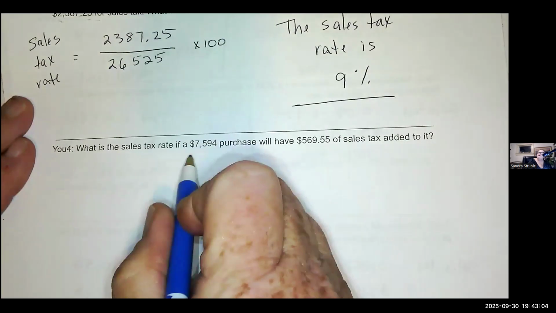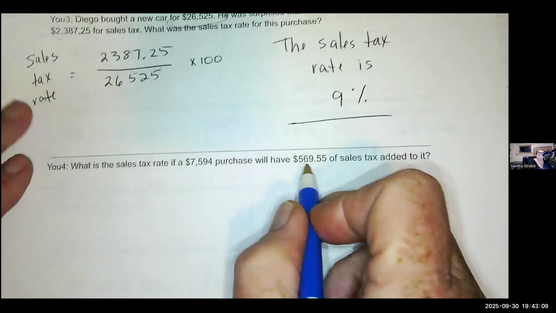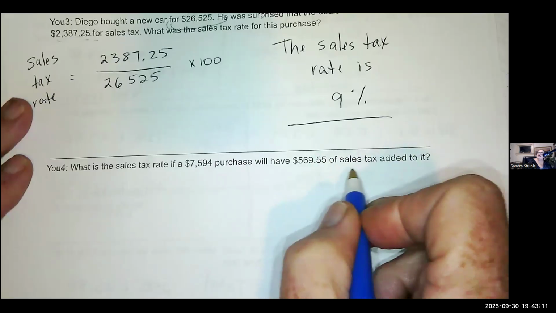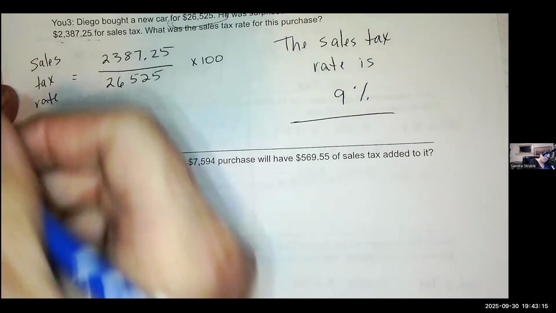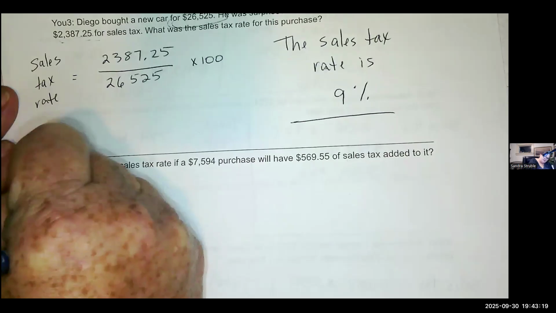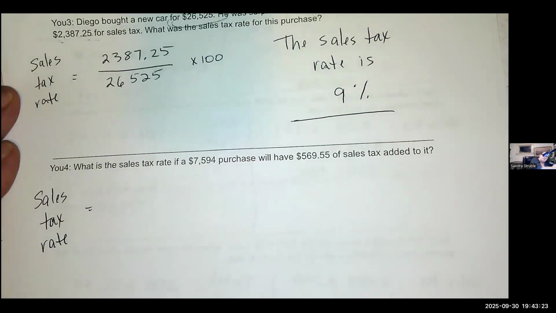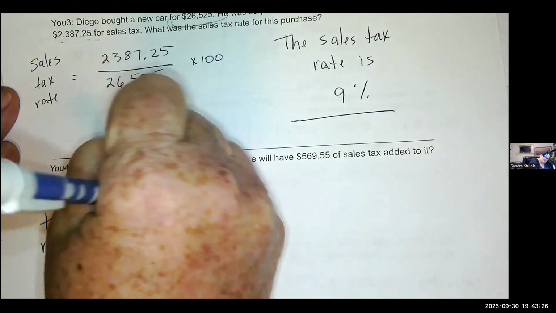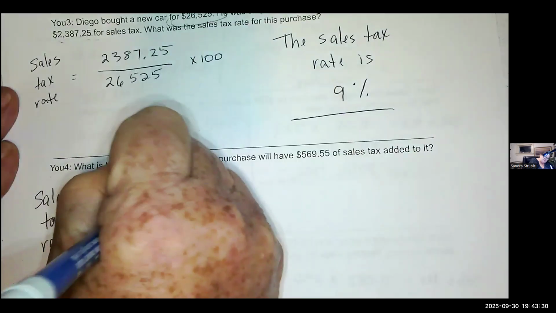What is the sales tax rate if a $7,594 purchase will have $569.55 of sales tax added to it? Pause the video, attempt this on your own, and come back and see how you did. Sales tax rate is equal to the sales tax amount of $569.55 divided by the purchase price of $7,594.